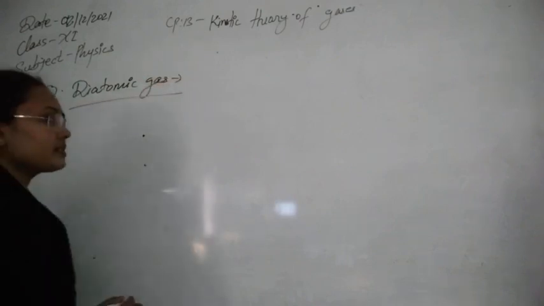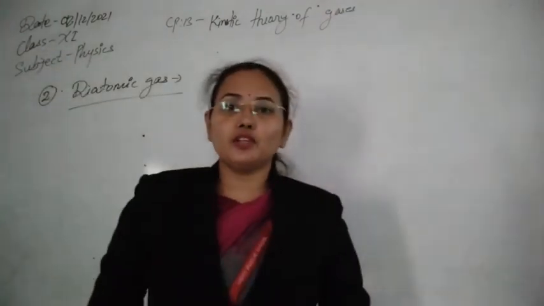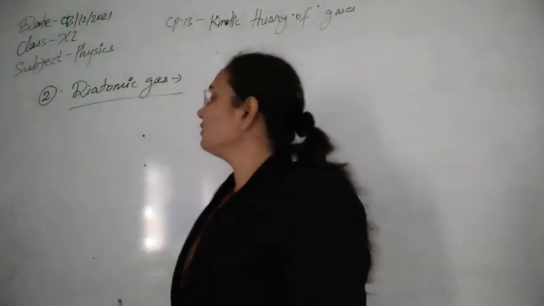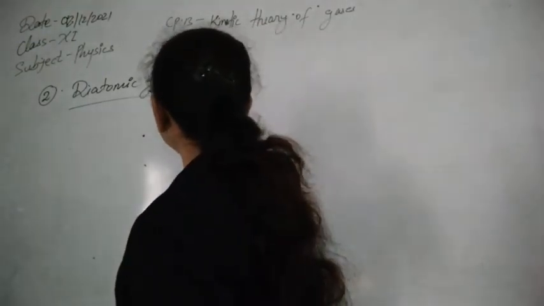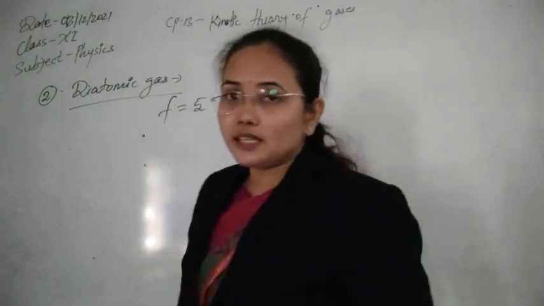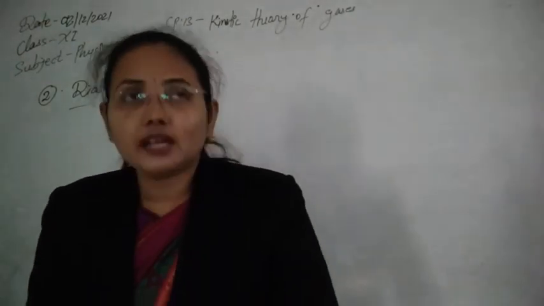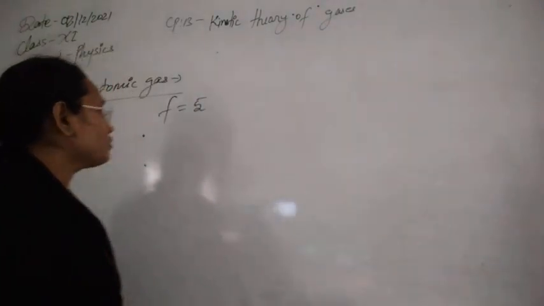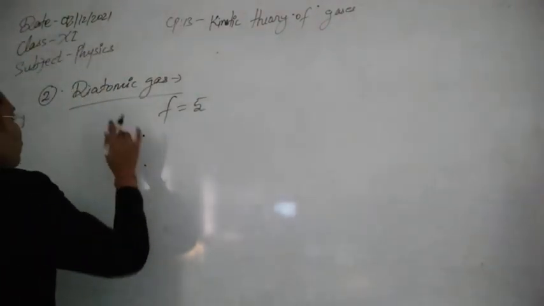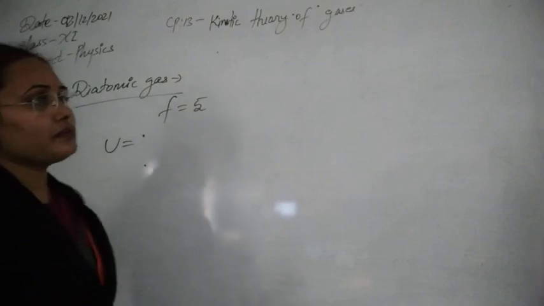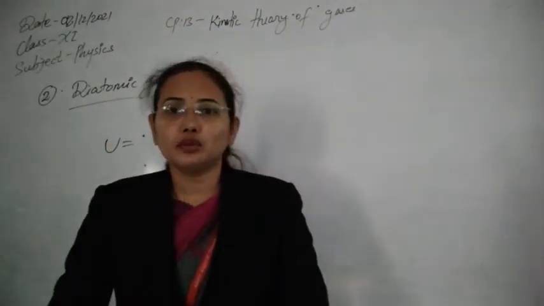As we have discussed before, the degrees of freedom for the diatomic gas is equal to 5. So the total kinetic energy associated with the whole diatomic gas is equal to its internal energy.